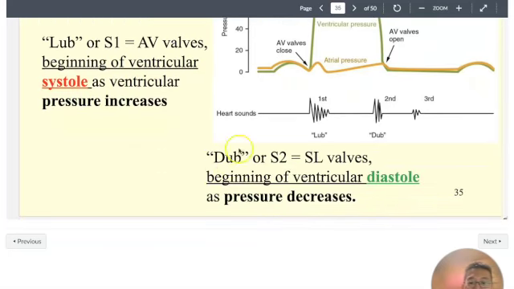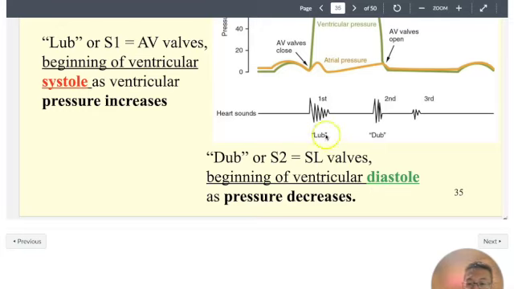Dub is when the semilunar valve closes, at the beginning of ventricular diastole. So dub is when it's done squeezing. Now the ventricle is relaxed, stopping the blood from coming back into the ventricle.